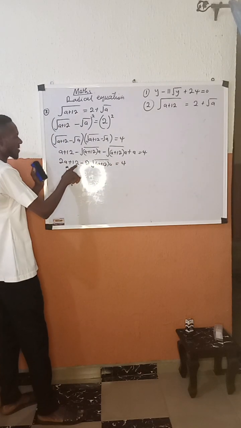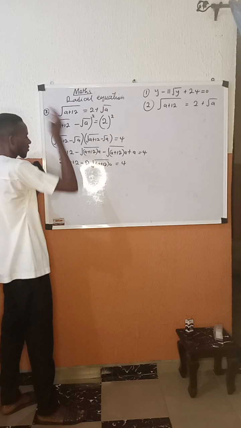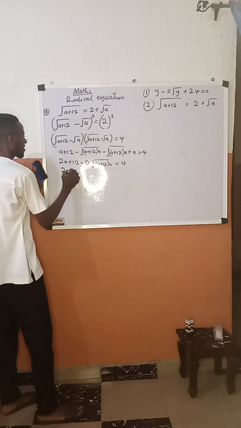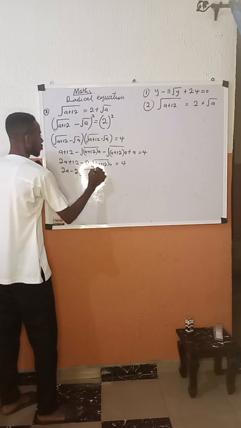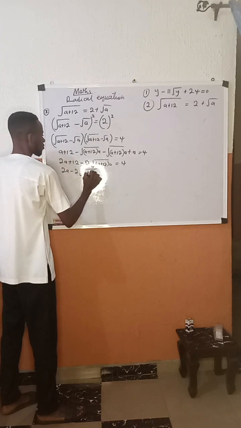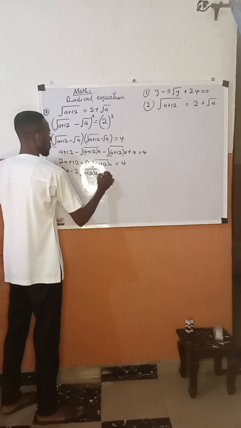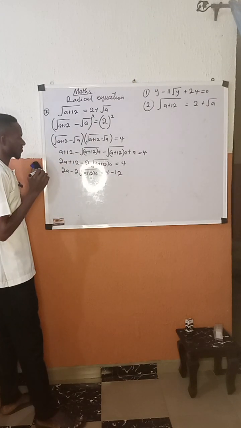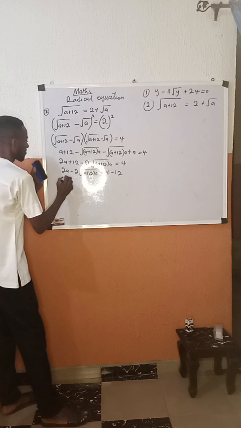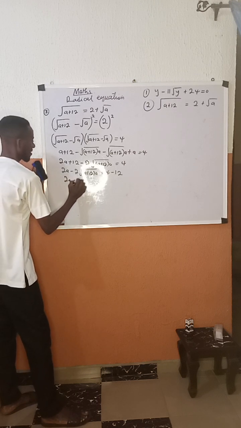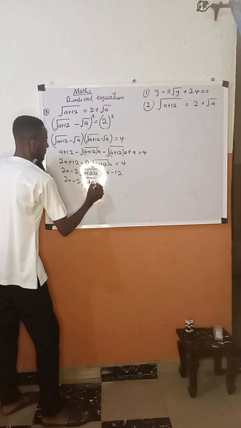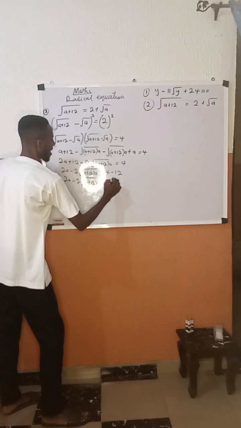Of course, this is a number and this is a number, and they can be brought together. By so doing, what I have becomes 2A minus 2 root of A plus 12A equals 4 minus 12. So this is equally going to be 2A minus 2 root of A plus 12A equals minus 8.